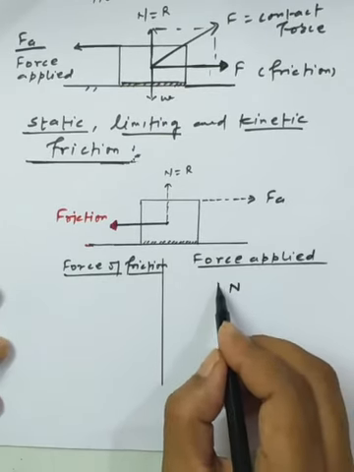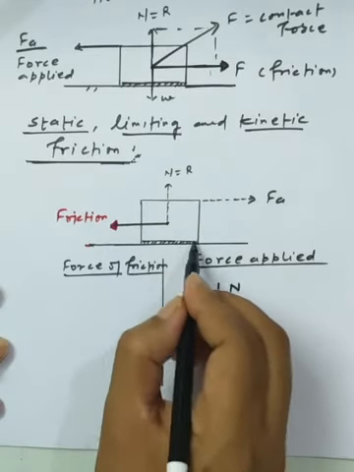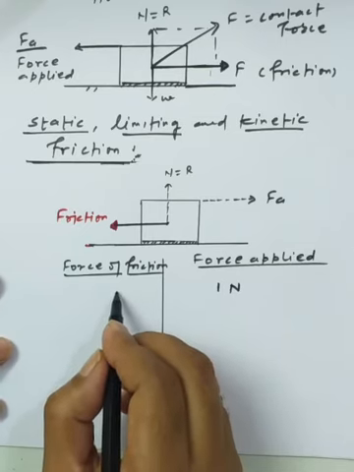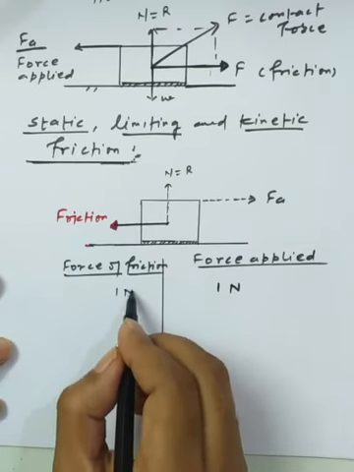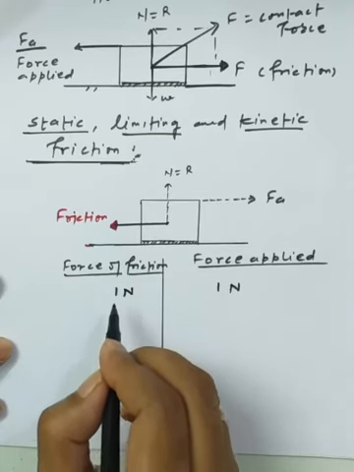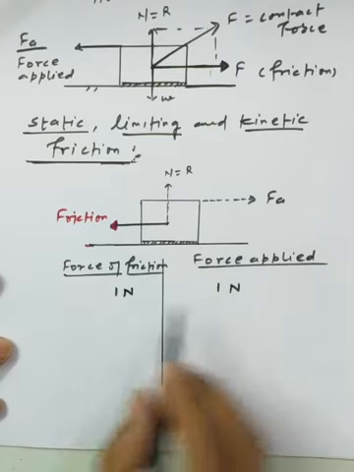By nature, the force of friction will act opposite to the direction of motion, and suppose the force of friction that comes into play is also 1 Newton. So easily we can say that the box will not move.